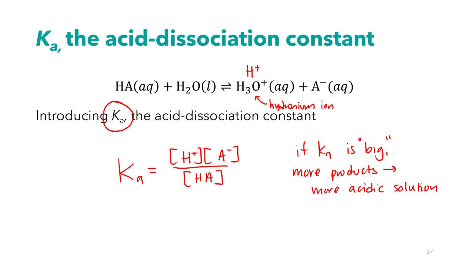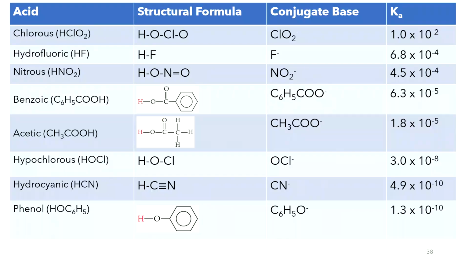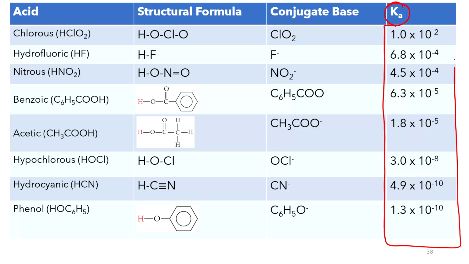So let me introduce you to some of our more common weak acids that we're going to encounter, all right? Of course, this is probably very overwhelming, but here's a big list of some of the weak acids that we deal with. What I want to point out to you is the value of Ka. Notice that Ka for all of these acids is less than 1, and it ranges from 10 to the minus 2 down to 10 to the minus 10.